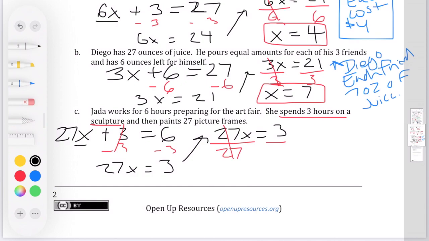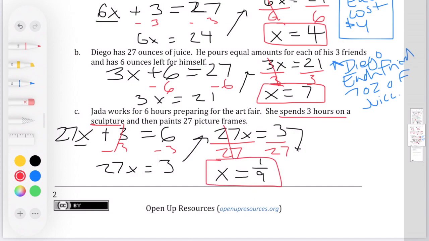So 27x, we divide by 27 on both sides to find out how long she spends on each picture frame. Well, you could say x is equal to 3 over 27, but that also reduces down to 1/9. Either one of those would be acceptable. And so here is your solution of x equals 1/9.